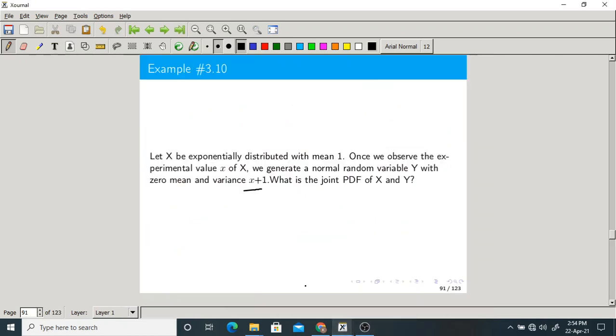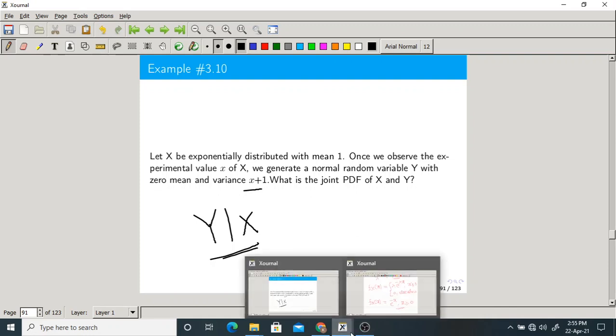Next, they gave us y given x. Once we observed the experimental value of x, we generated the normal random variable y. So y is generated after observing x. But what type of random variable is y? Normal with 0 mean and variance x plus 1.